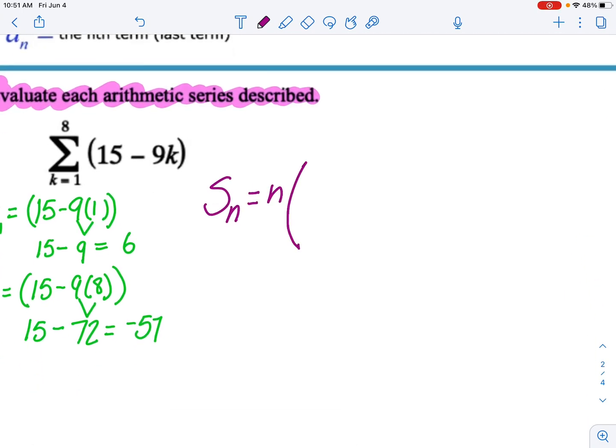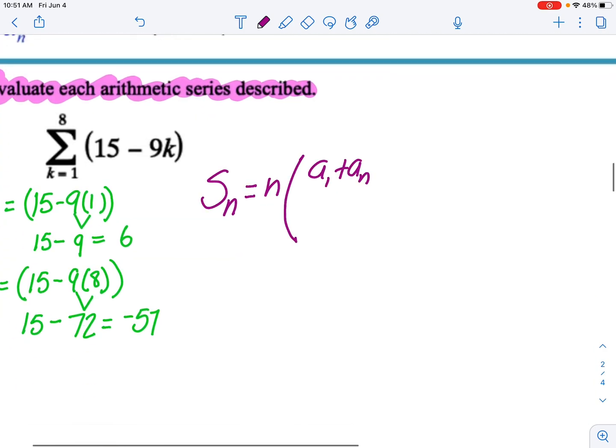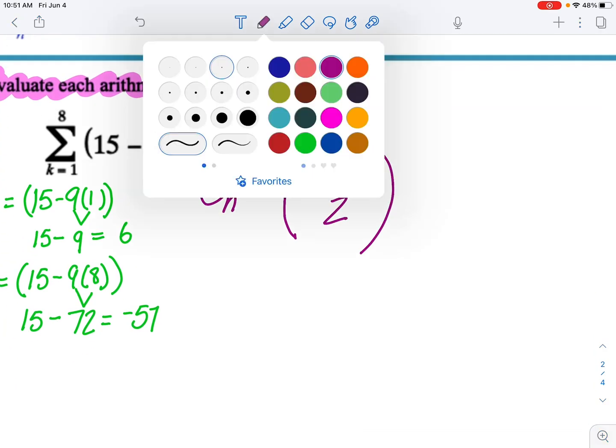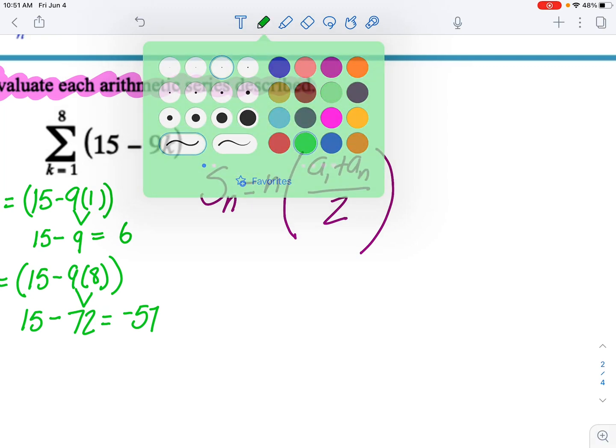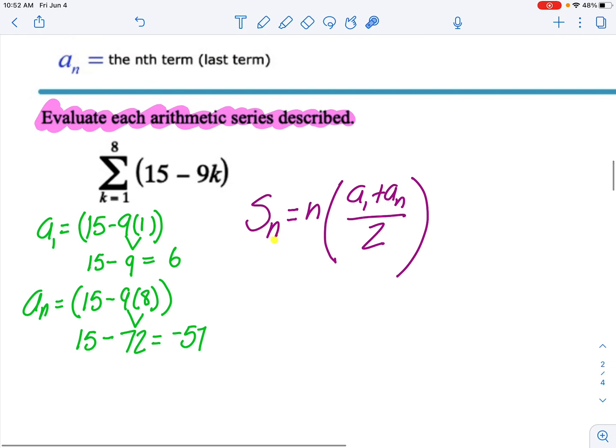Let's copy it all down. n means how many terms we're adding. Well, if we're starting at 1 and ending at 8, those are 8 terms: 1, 2, 3, 4, 5, 6, 7, 8.